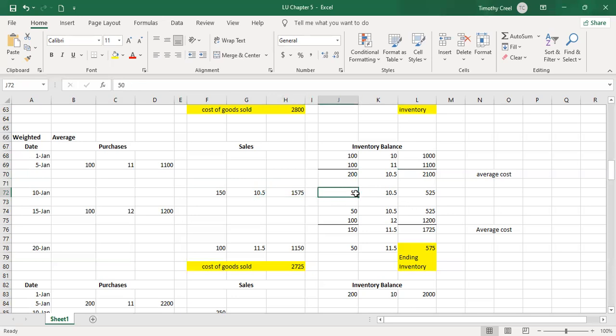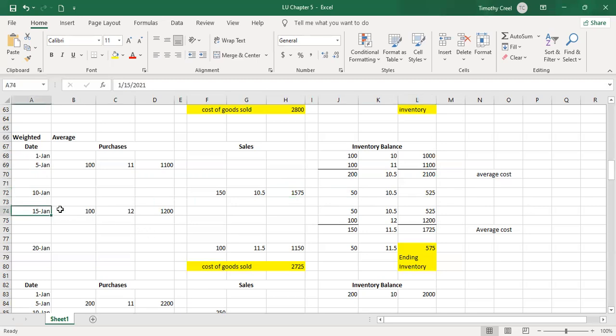Whatever inventory is left, we multiply by the current average cost to give us the value of the ending inventory. We can test this: all the inventory available for sale is either sold, cost of goods sold, or still there. Notice again that these three equal, just like in the other examples.